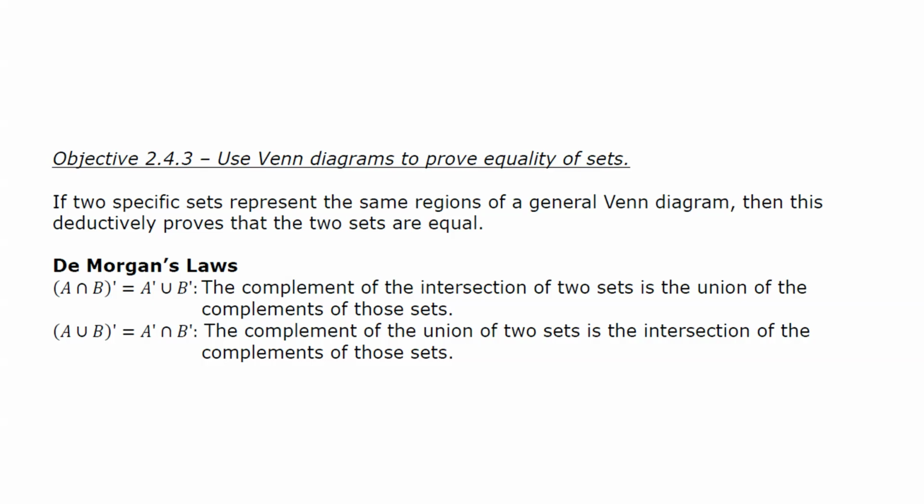If the complement of A union B equals the complement of A intersect the complement of B, then we would say they are equal sets.